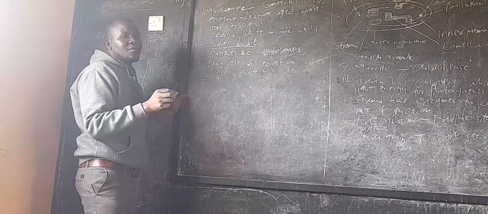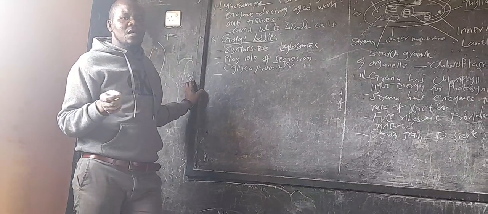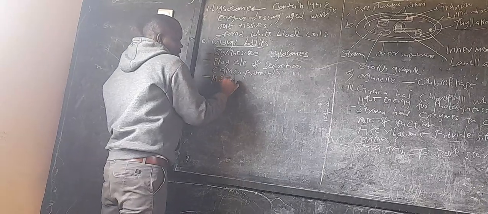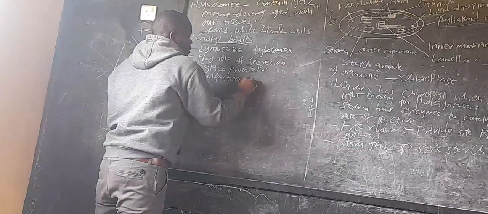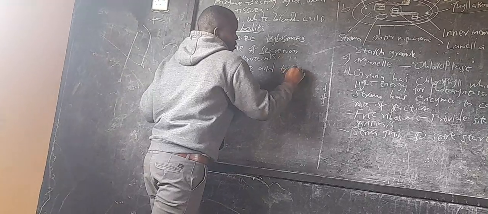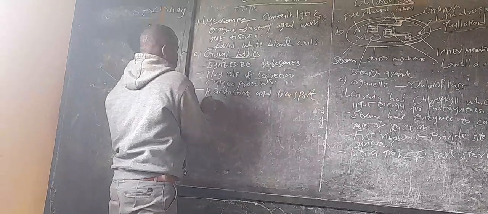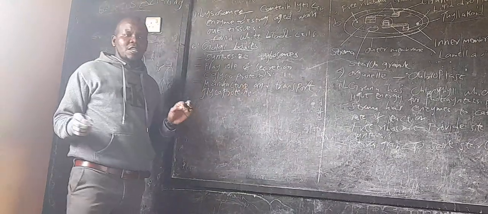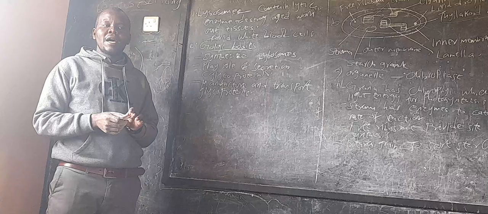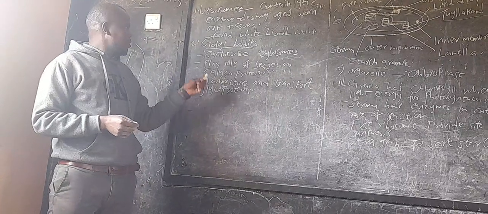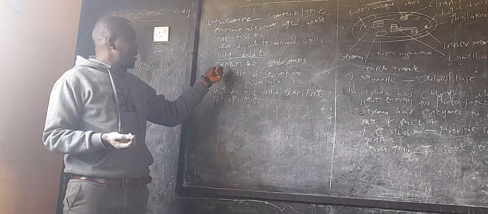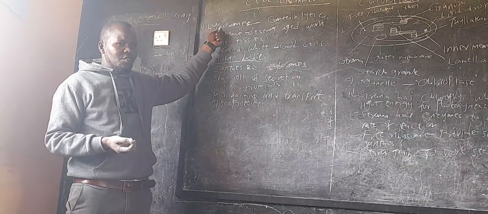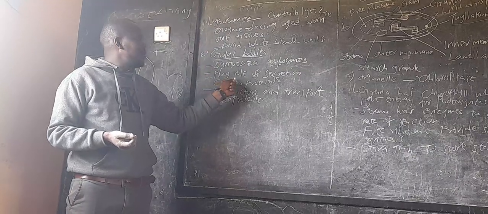Then another role, it will manufacture and transport glycoproteins. I think those words are very clear. We are saying number one, it will synthesize lysosomes, which means manufacture the lysosomes. Number two, it plays a role of secretion.